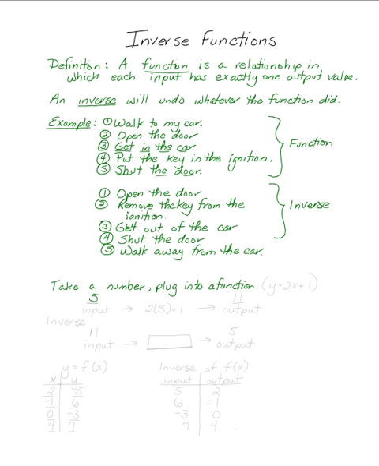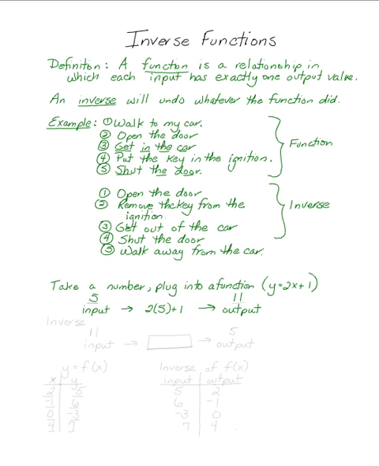Say my function is y is equal to 2x plus 1. So I'm going to put the number 5 into that. This is our input of 5. We're going to put it into our function. So we're going to take 2 times 5 plus 1. And what we end up with is an output of 11.